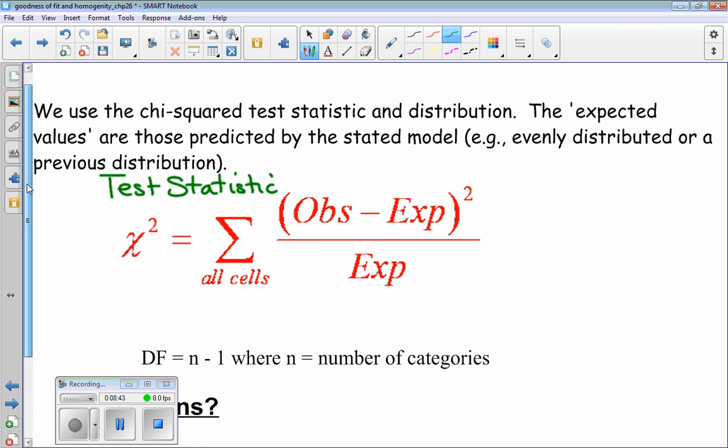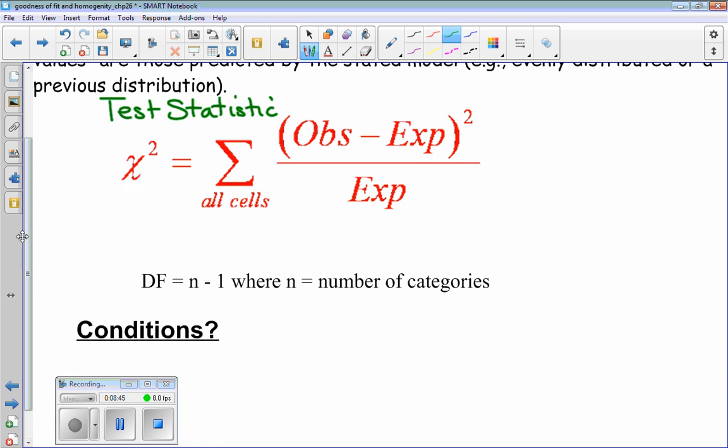Notice when we're talking about the degrees of freedom, it's still n minus 1, but n is not the number of things, n is the number of categories. So it's not your sample size minus 1, it's the number of categories minus 1. That's a little bit different.